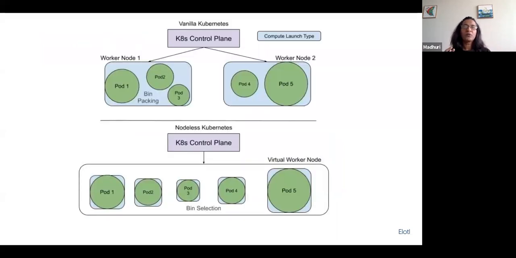So if you think about the main differences between a vanilla Kubernetes control plane and the Nodeless supercharged control plane, the vanilla Kubernetes control plane is depicted in the top half of this slide, where you think of your worker nodes as large bins that have static capacity, and your pods are balls of different sizes that are being stuffed into these large bins.